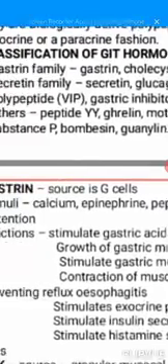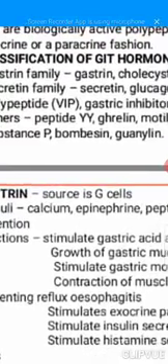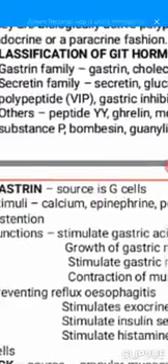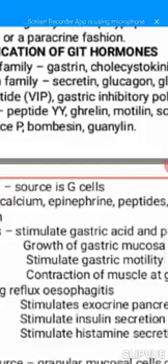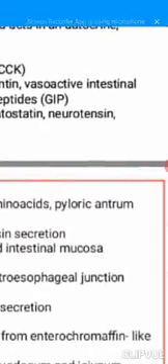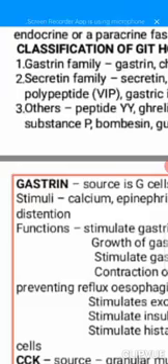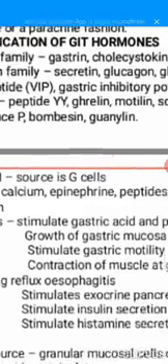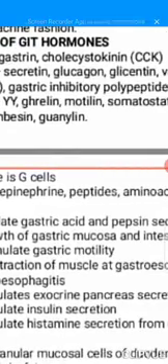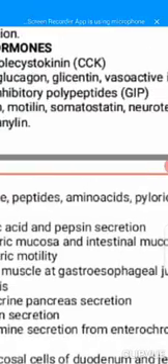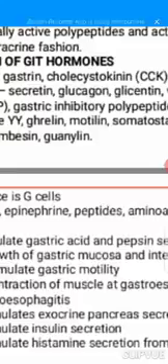Then the others, PNBGSM. Please take note of GSM. PNBGSM: P, peptide YY; N, neurotensin; B, bombesin; GSM, guanylin and ghrelin; S, somatostatin and substance P; then M, motilin.